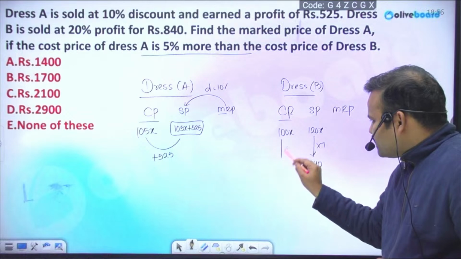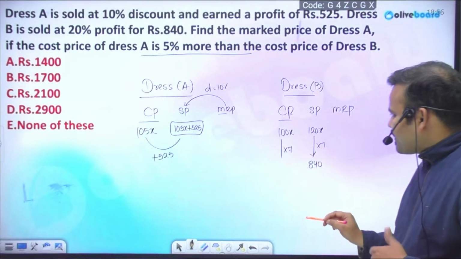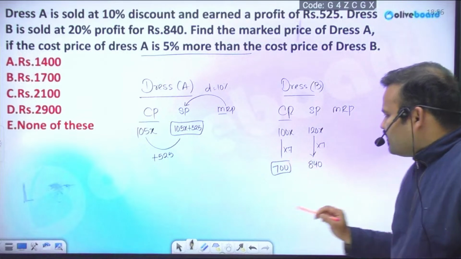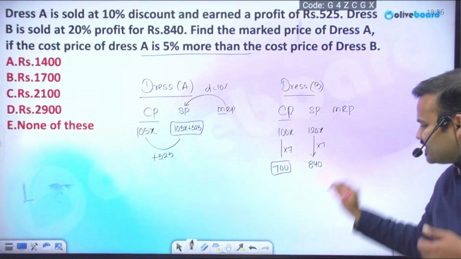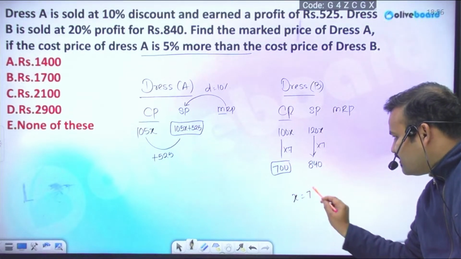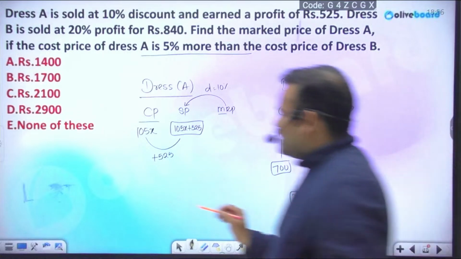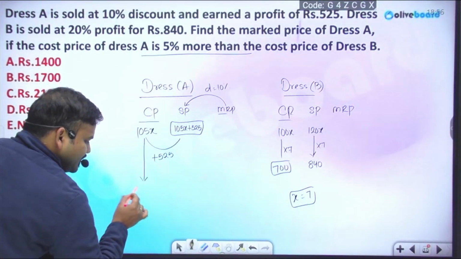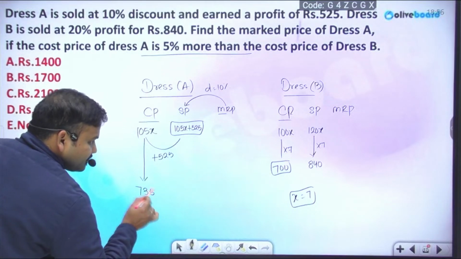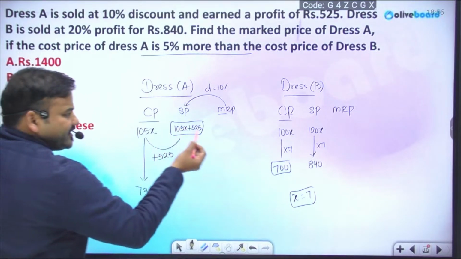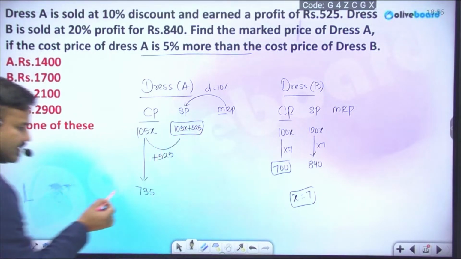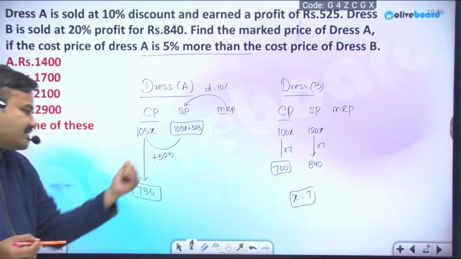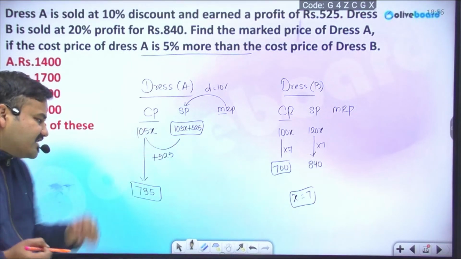So the cost price of this particular article will be 700, and the value of x over here is 7. The moment I get the value of x as 7, the cost price will be 735, and this will be 735 plus 525. This is the cost price. The selling price will be 700 plus 500 is 1200 plus 60, that is 1260.